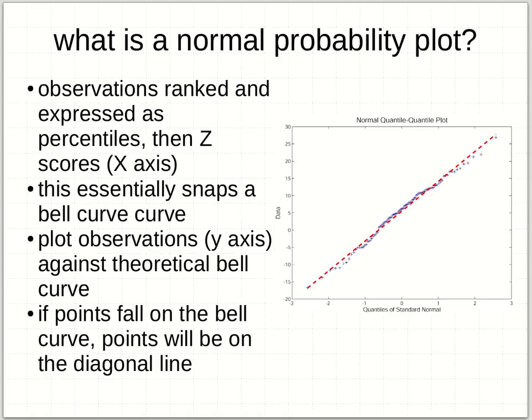Okay, so what is this plot? The observations are ranked and expressed as percentiles, and we're using that z-score thing again, okay? The quantiles of standard normal. So this essentially snaps that smooth curve onto that straight line and compares the points you actually observed to that theoretical bell curve that you see here in another example with the dashed red line. So if the points fall on the bell curve, you should see the points very nicely close to your straight line.